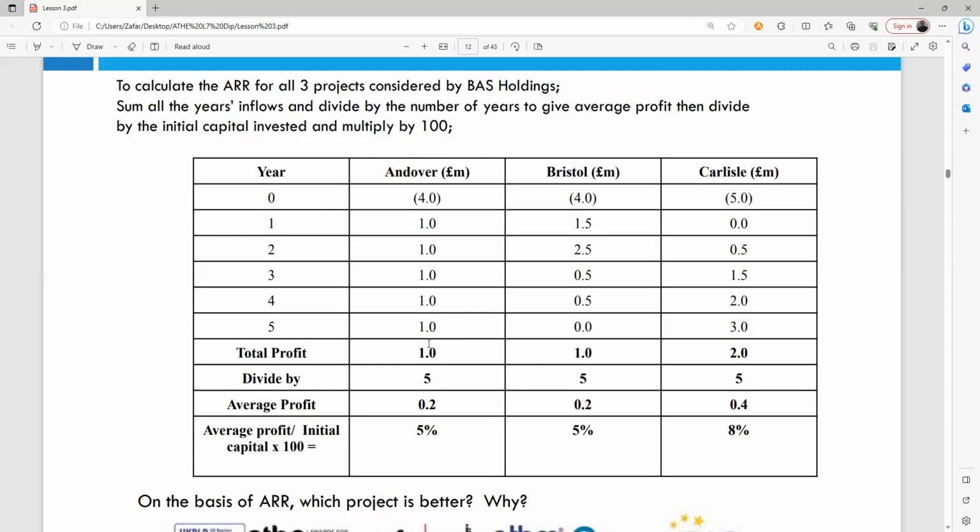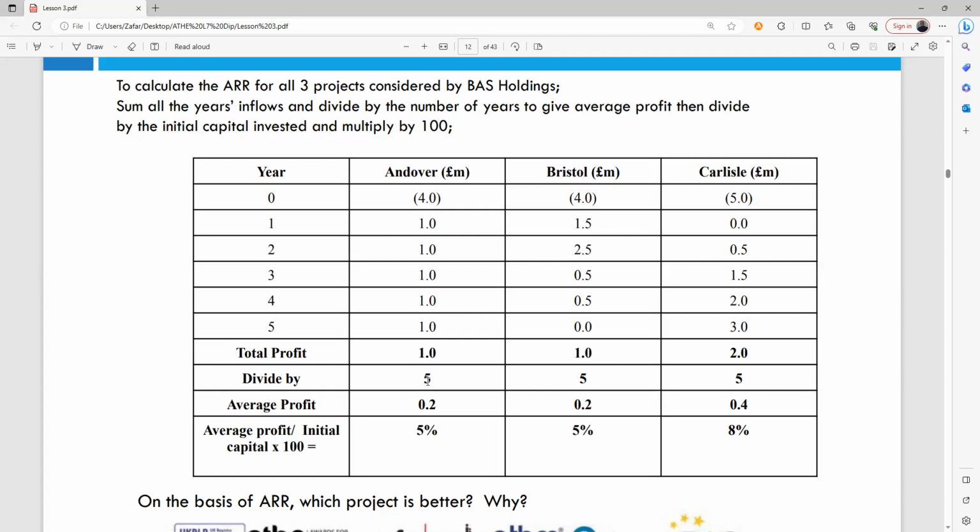So every year you get 1, and the average becomes 1. Divided by the initial capital, which is 4, and multiplied by the percentage, you will get a 5% return. Basically I get the average profit for the whole period of time, i.e. 5 years.